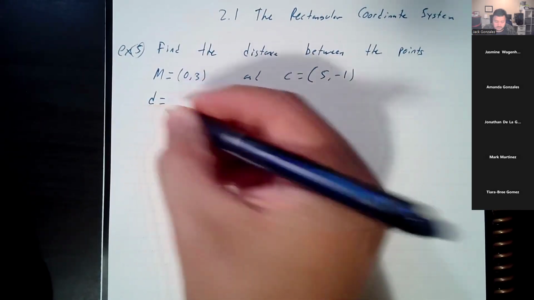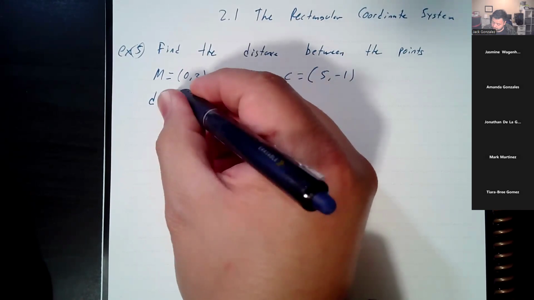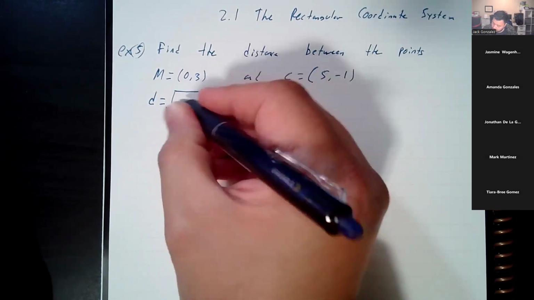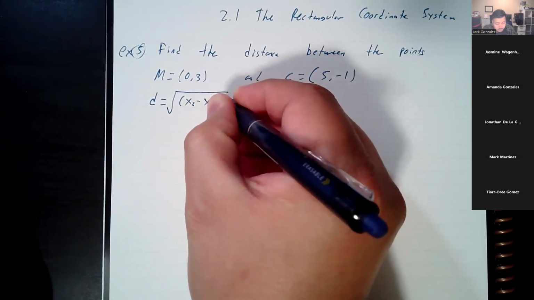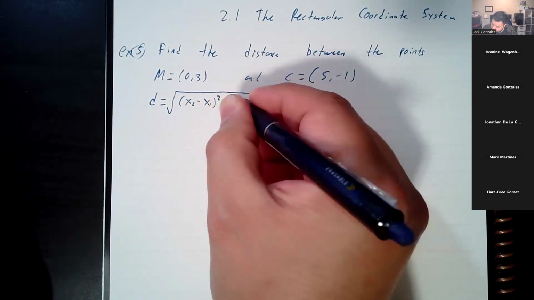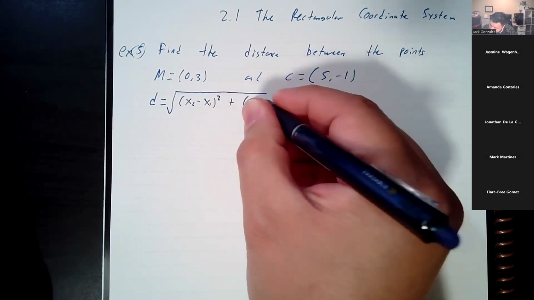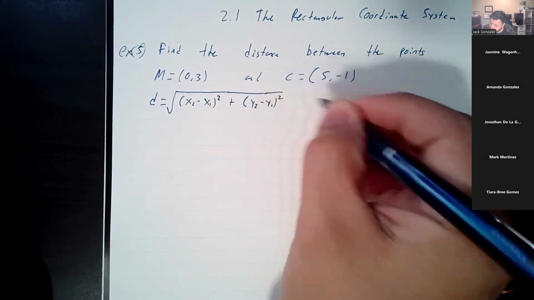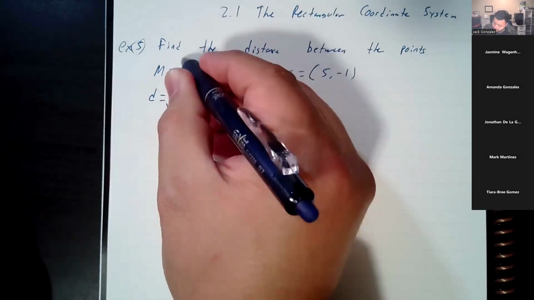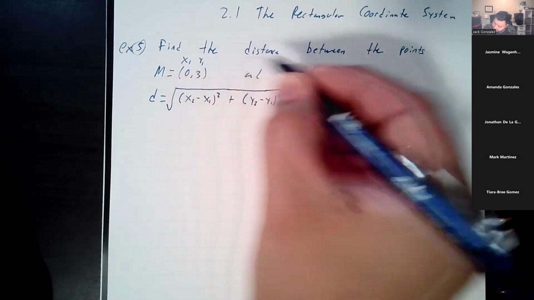The distance D formula says subtract the x's, square them, and then add the difference of the y's, square them. Label your points so you know what's what.